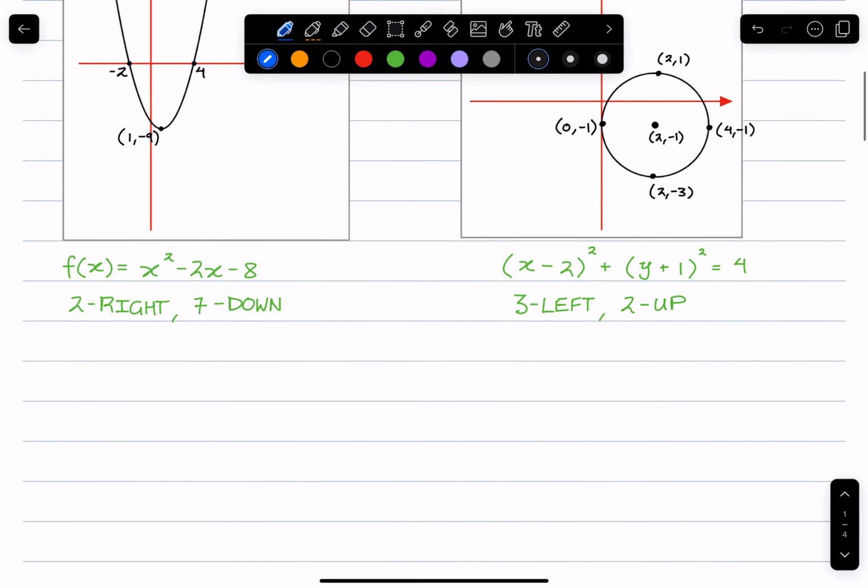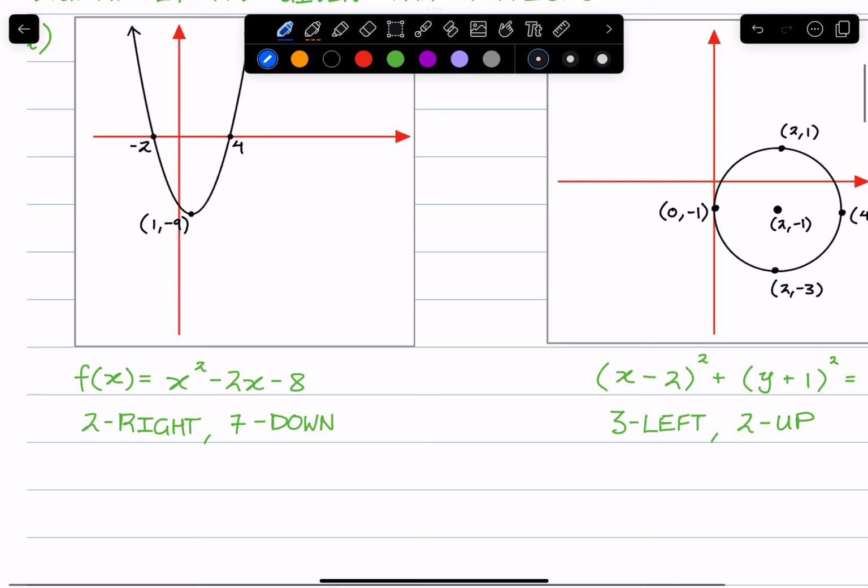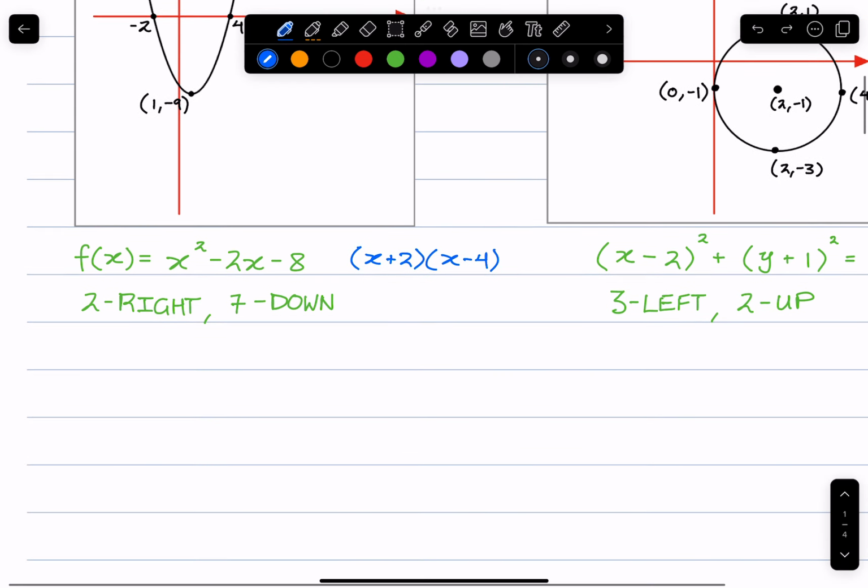Here we go. For this, it's best to work in a factored notation. So in this expression, we can factorize this first to x plus 2, x minus 4. So it's this expression that we're going to be using later.